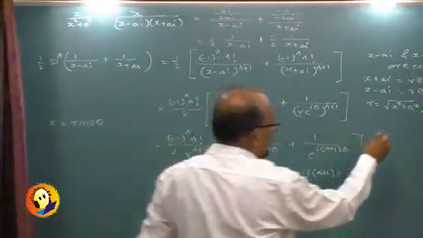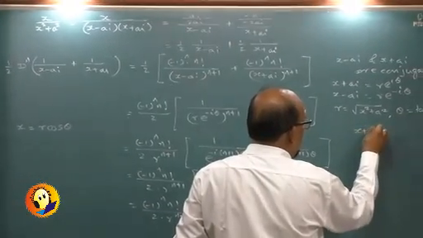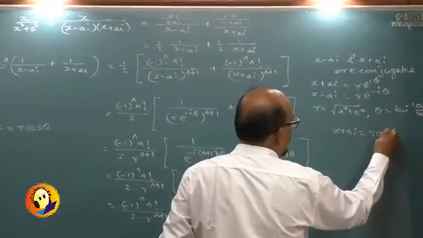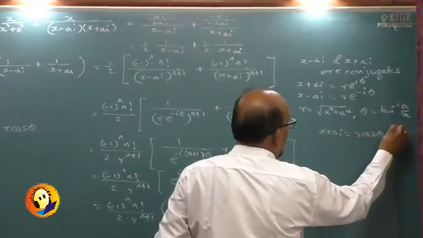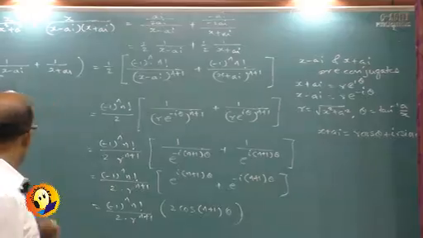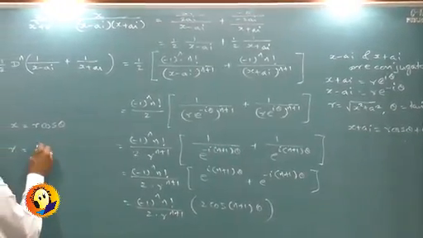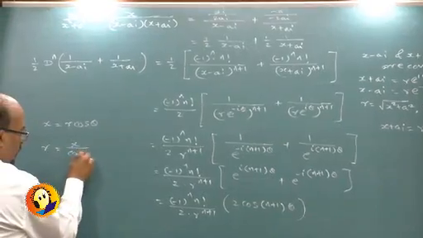X is r cos theta, right? Because here we know that x plus ai is nothing but r cos theta plus i r sin theta. So r can be substituted as x upon cos theta.